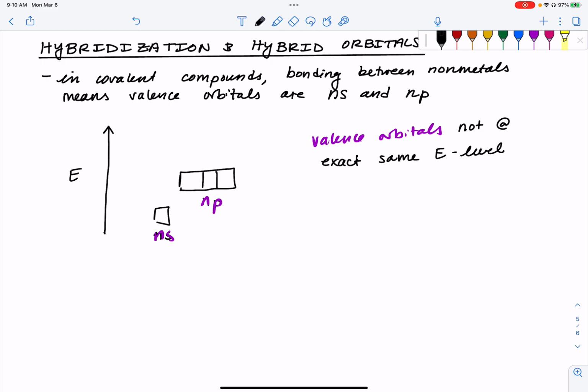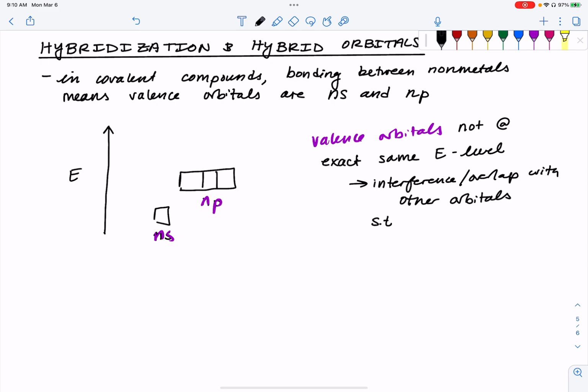I have to have some kind of interference or overlap with other orbitals, such that the orbitals on an atom that's going to be involved in bonding are equalized, meaning we're going to try to fix or account for this energy disparity that exists between our valence s and our valence p orbitals.